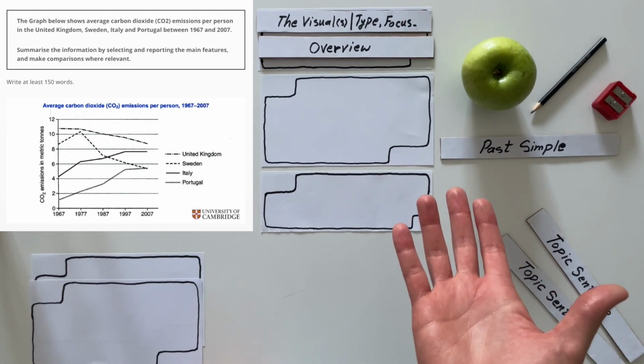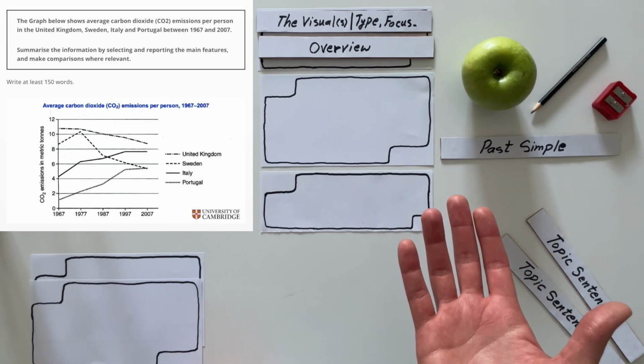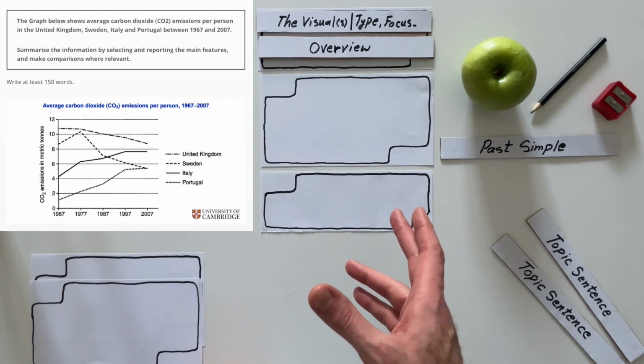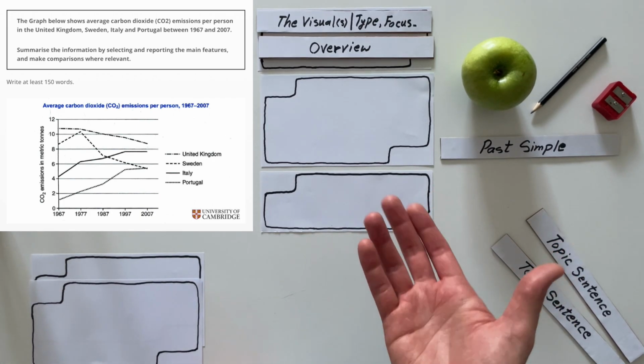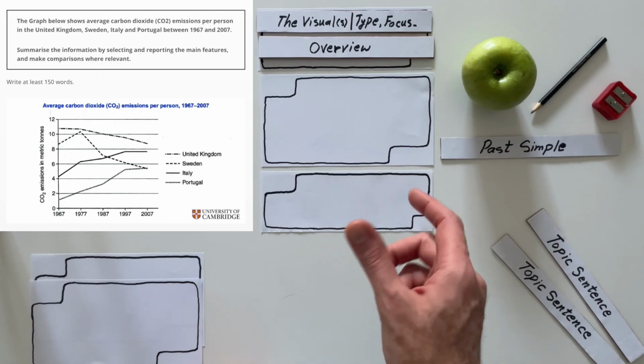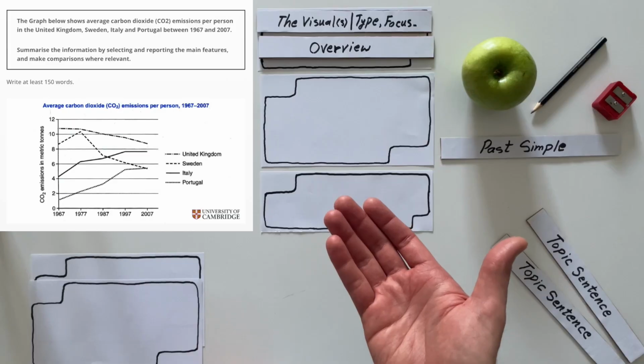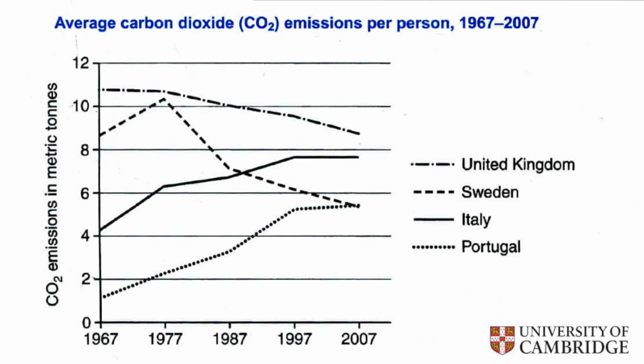You might also say, I'm going to look at the amount of change. That requires a little bit of accuracy. The amount of change means, if you look at the chart again, Portugal went from almost 1 to almost 5.5.